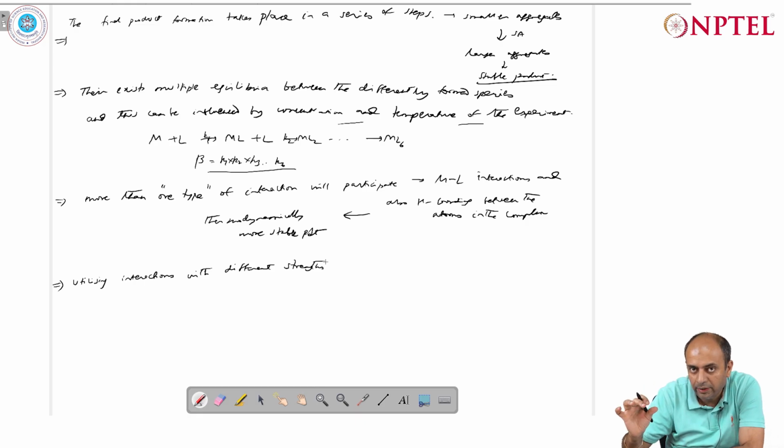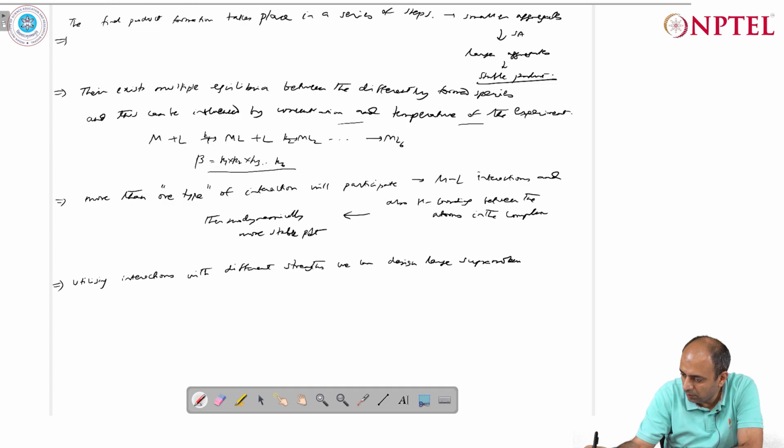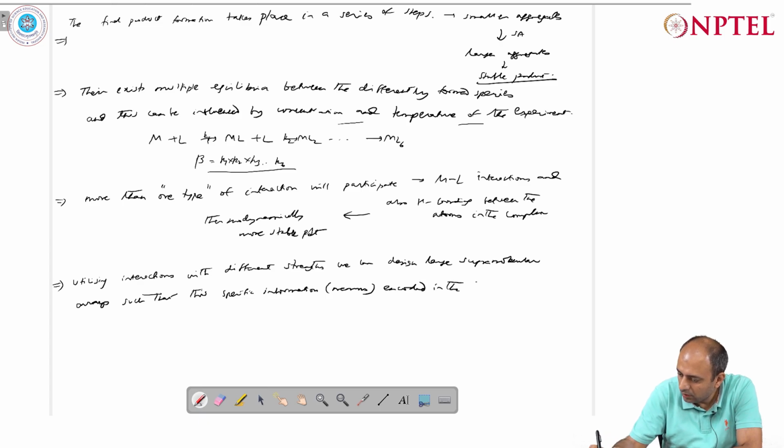So the spectrum of interaction strengths operate, and then by utilizing these interactions with different strengths, we can design large supramolecular arrays such that this specific information or memory is encoded in the system of interest.